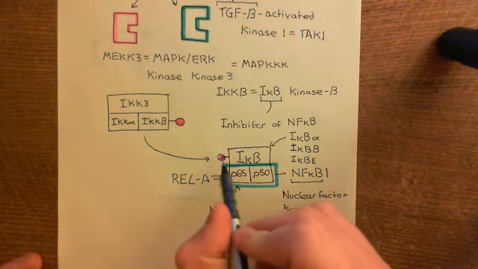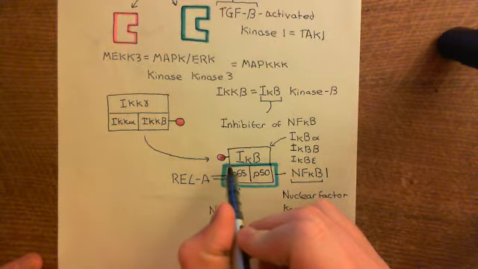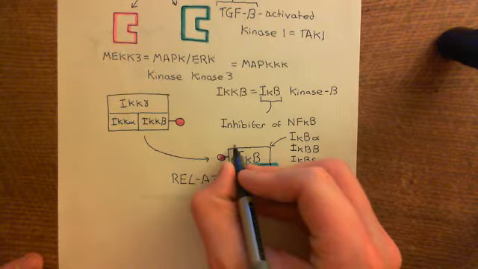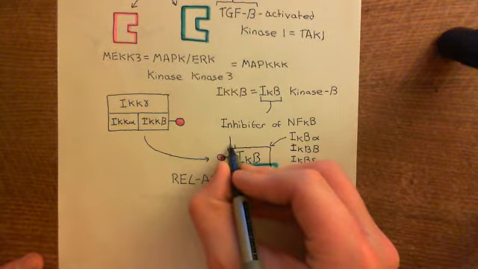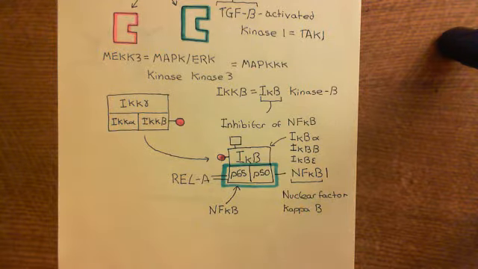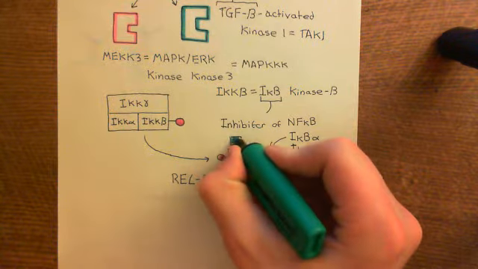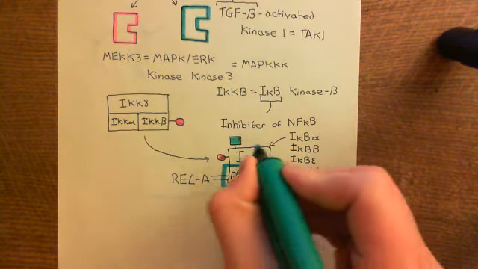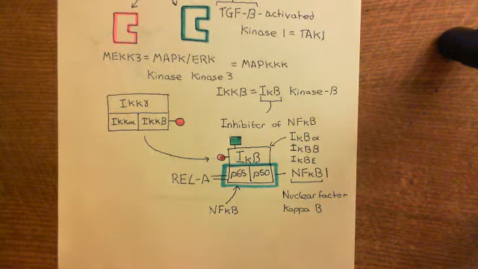Okay, so you will phosphorylate the inhibitor of NF-kappa B protein, and this will result in the inhibitor of NF-kappa B being ubiquitinated. So we'll add on another group here, which is ubiquitin. Okay, and now the inhibitor of NF-kappa B will be sent for proteasomal destruction.